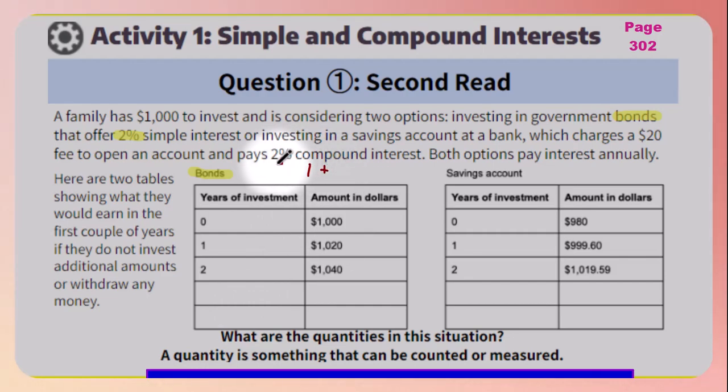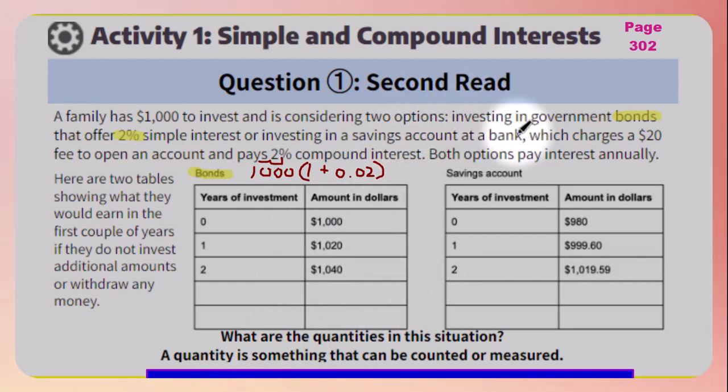Remember how to write percent: move that decimal 2 places to the left. So it's 1 plus 0.02. That's what we're going to multiply by the initial amount. So you can write that out as you remember what the equation for growth is.